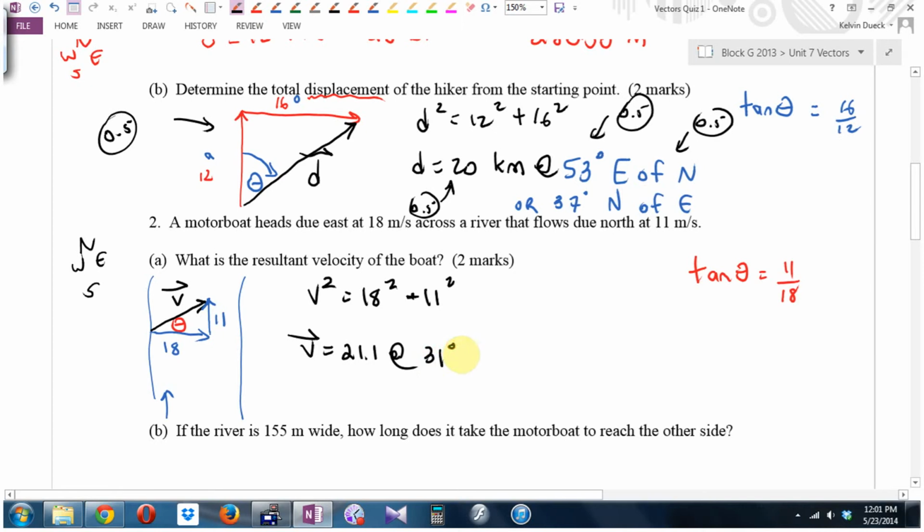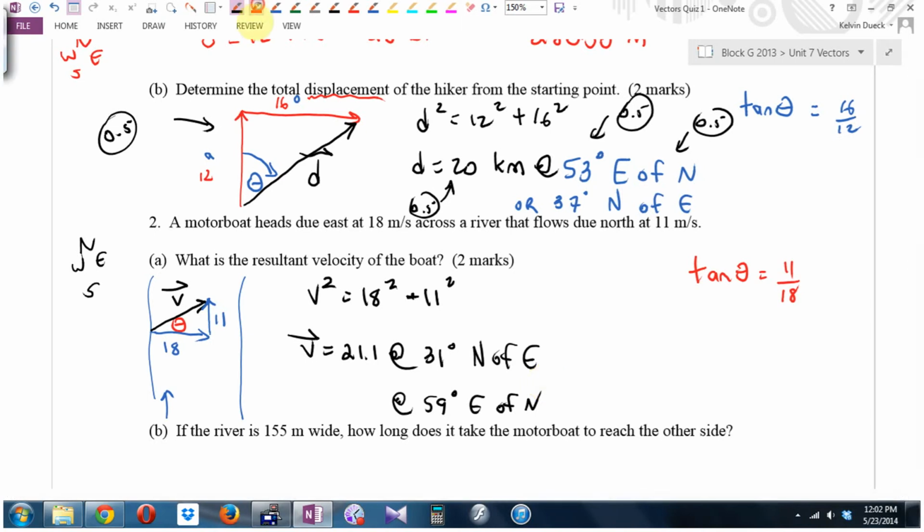What of what? North of south, east of west? North of east? Or I would also take 90 minus 31, 59 degrees east of north. The other thing you could have said, I guess, is 59 degrees with respect to the shore.